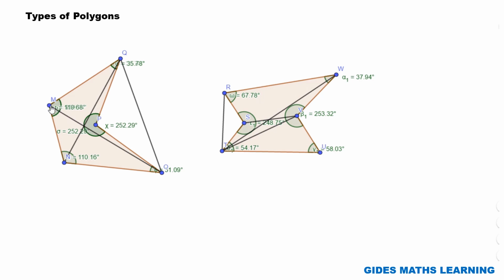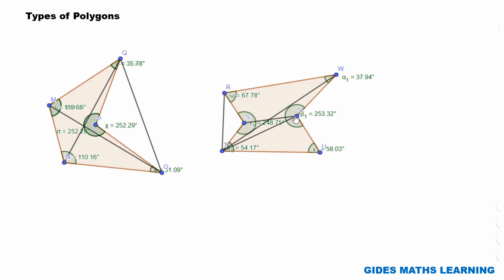So in this case, points M, Q, N, O are pointing away from the center. However, point P is pointing toward the center of the polygon. The same way, points R, W, U, T of this polygon are pointing away from the center, but points S and V are pointing toward the center of the polygon.